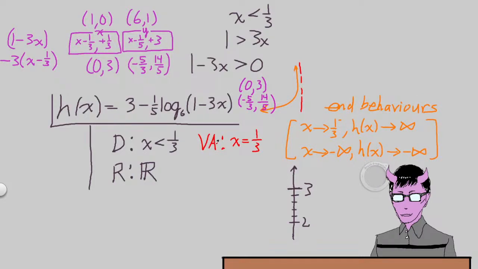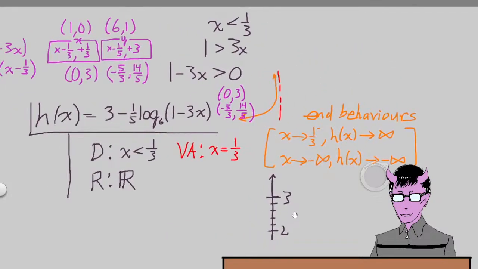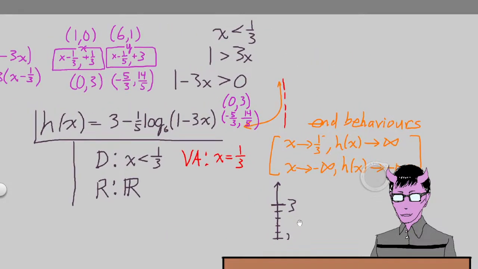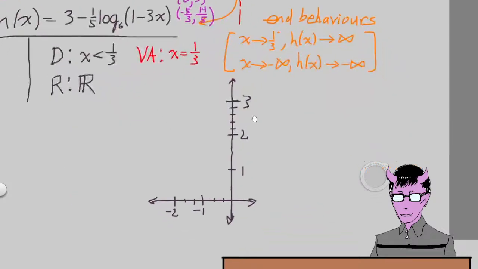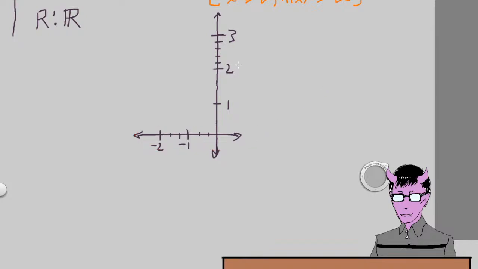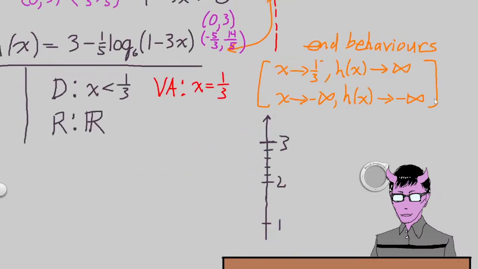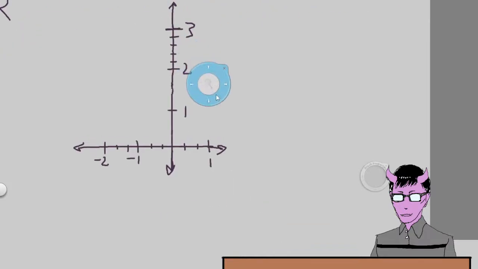Let's put the wall at 1/3. Oh, wait a minute. Oh my goodness. Okay, not a big deal. Unfortunately I kind of went off, let me do this again. Positive 1, 1/3, 2/3. Okay, there we go. So we have the vertical asymptote at 1/3.